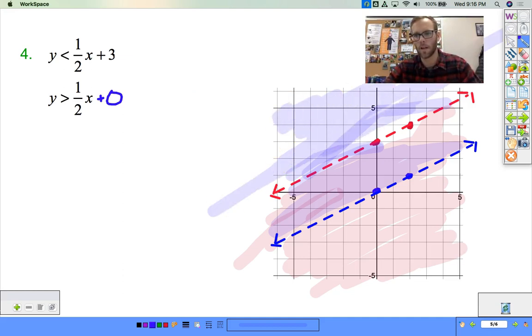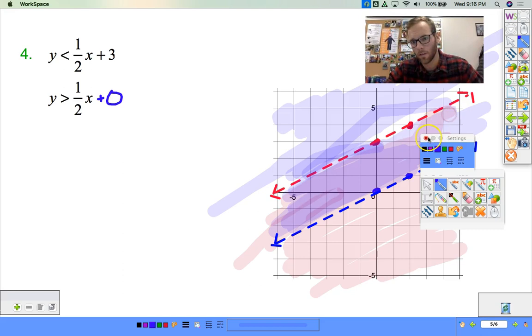Whoa, getting excited here. All right, so this one got a little bit messy, but this is actually kind of a neat graph. Where is it that we shaded both times? We shaded between these parallel lines, didn't we? We get this really neat kind of graph.